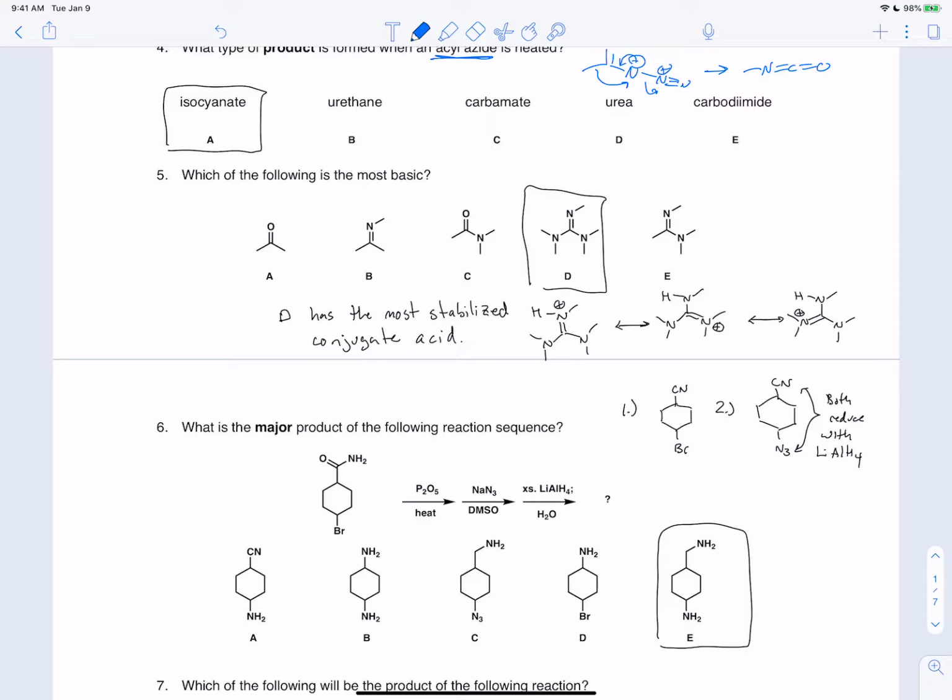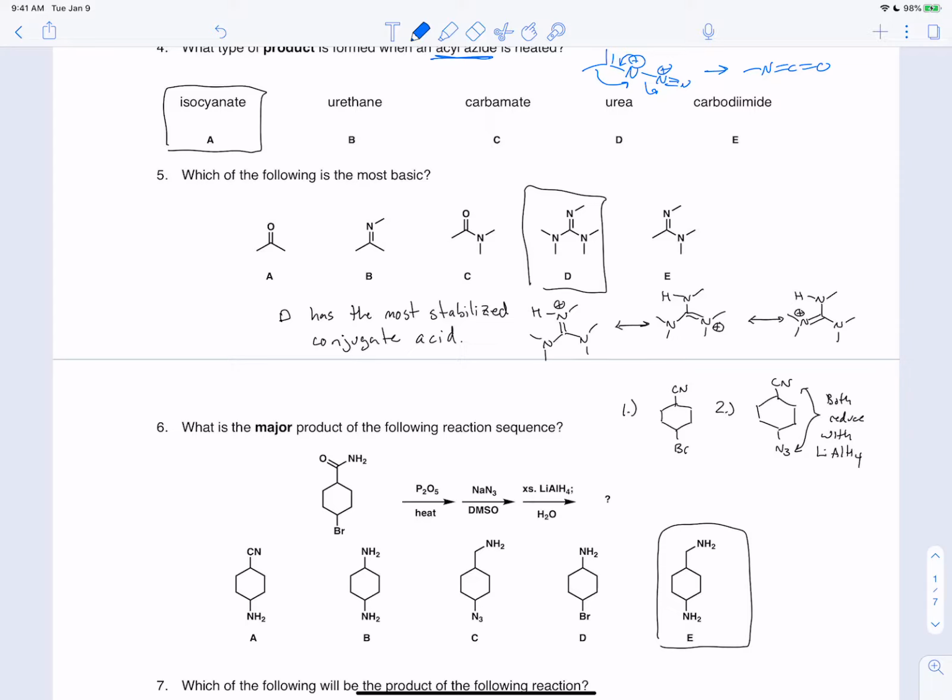In looking at which of these different carbonyl or imine-containing molecules is the most basic, the best way to rationalize this is which one is the most electron-rich, because electron-rich systems will have free electrons to grab a proton. I think the easier way to think about it is, let's try to protonate each of these and let's see which one has the most stabilized conjugate acid.